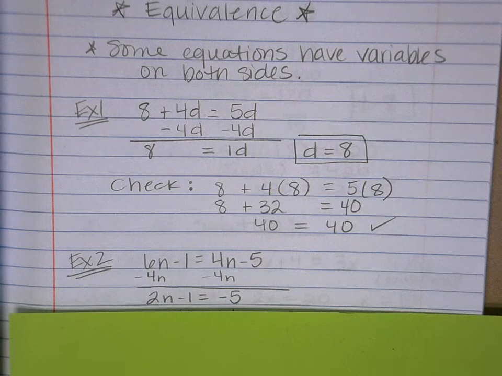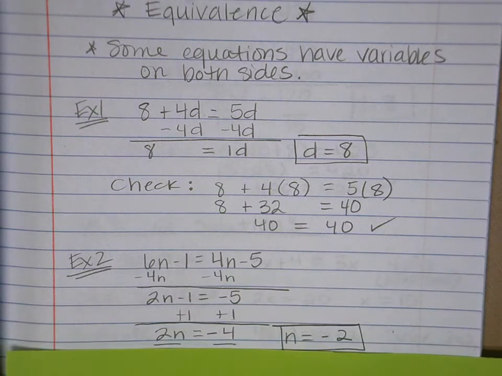So we add the 1 to the negative 5, and we get negative 4.